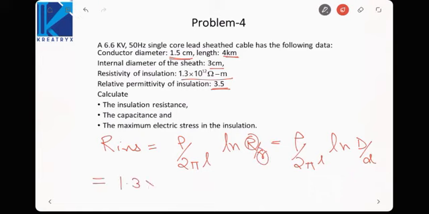Resistivity is 1.3 into 10 raised to power 12 by 2 pi into length, which is 4 kilometer, that is 4000 meter, ln outer radius is 3 centimeter, inner diameter is 1.5, because it is saying internal diameter of sheath.